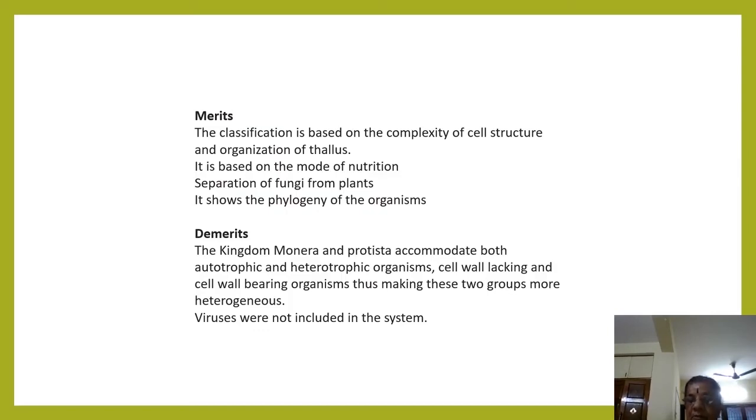Putting both together like this makes these two groups more heterogeneous. And viruses were not placed in any kingdom in the five kingdom classification. That is the major defect. Are you clear?